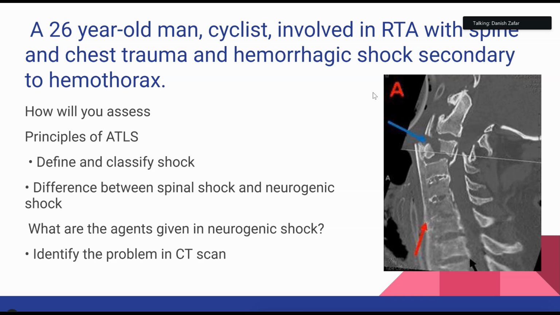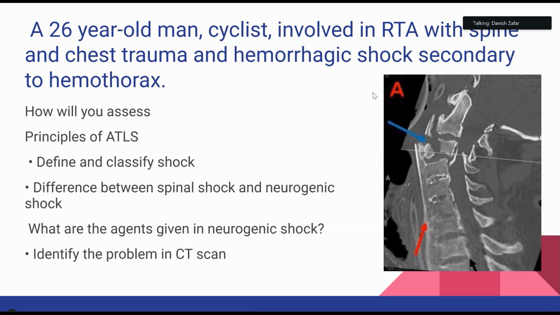Okay, so give me a broad classification, just name. Shock can be classified as either cardiogenic shock, obstructive shock, distributive shock, or hypovolemic shock. The distributive shock has subcomponents of spinal shock, neurogenic shock, anaphylactic shock, endocrine shock, and idiopathic shock.